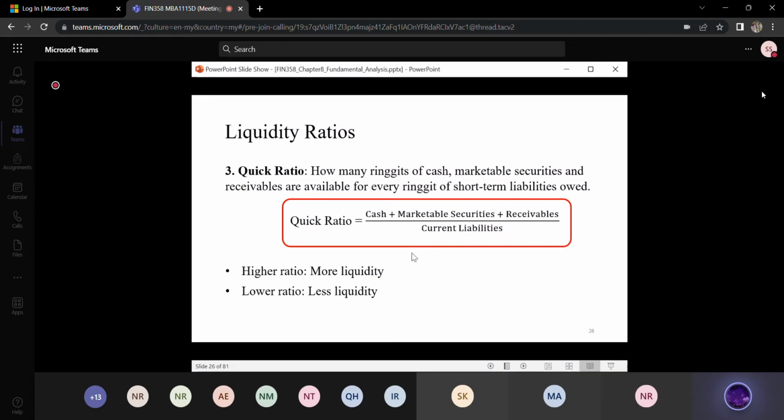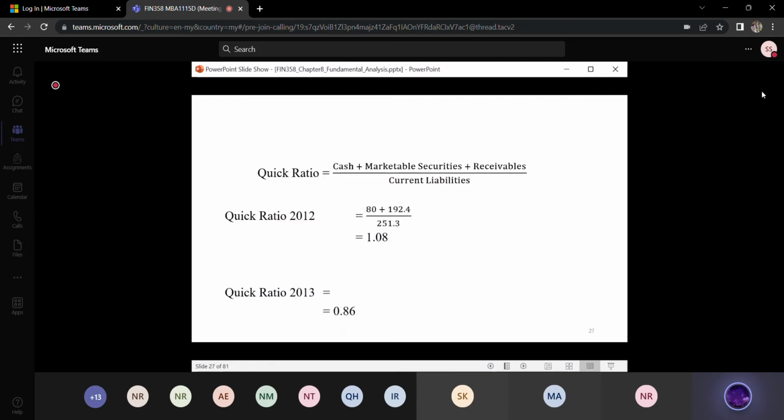Again, if the number is higher, it means it's more liquid. So you refer to cash, marketable securities plus receivables in the balance sheet. Right, so this is what we have, 80 plus 192.4. This one is in the balance sheet, right? Current liability is the same. Right, so you calculate for year 2013.